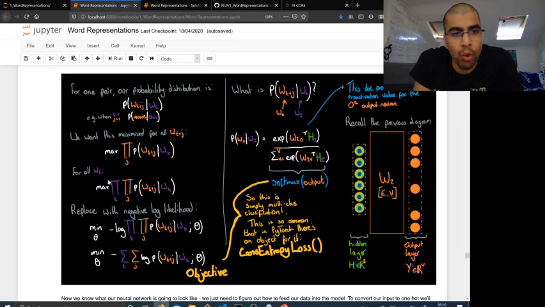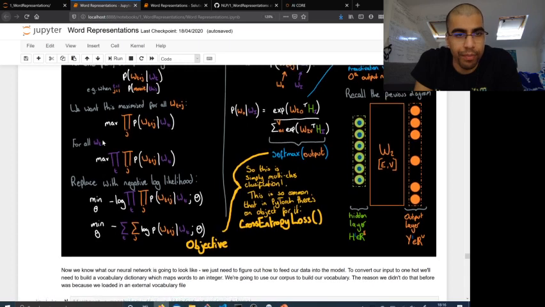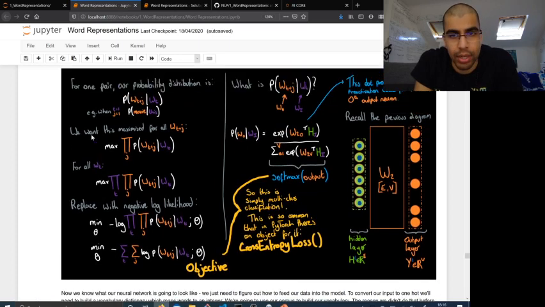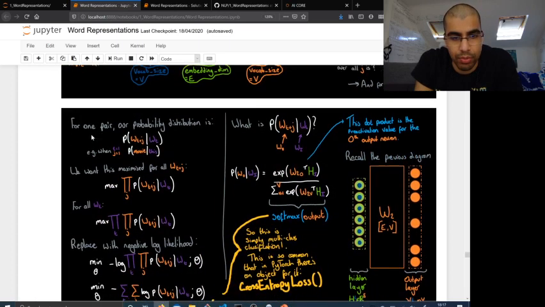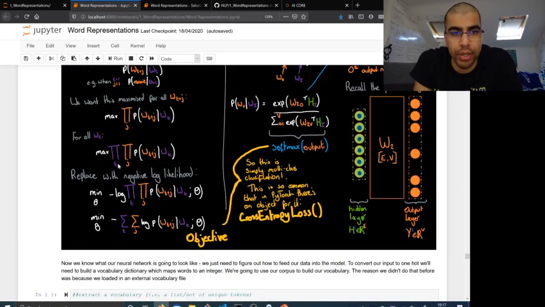And we want to do this for all the words in our corpus, or for all w_t in our sequence. So this is simply another product over all the words in our sequence, and for the context window words which appear in our context, work out the probability and multiply them all together.